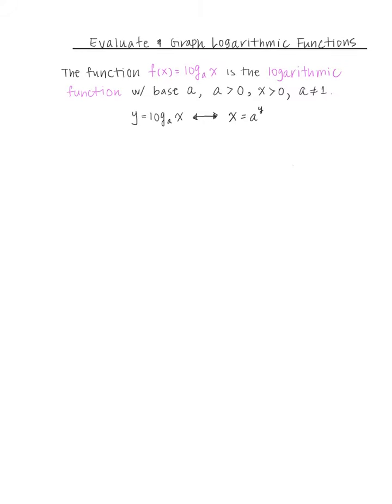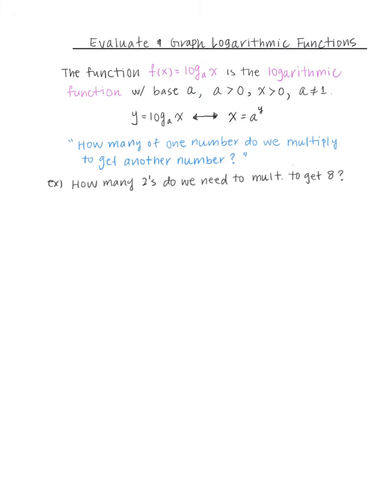In its simplest form, a log answers the question, how many of one number do we multiply to get another number? For example, how many 2's do we multiply to get to 8? Well, 2 times 2 times 2 equals 8.